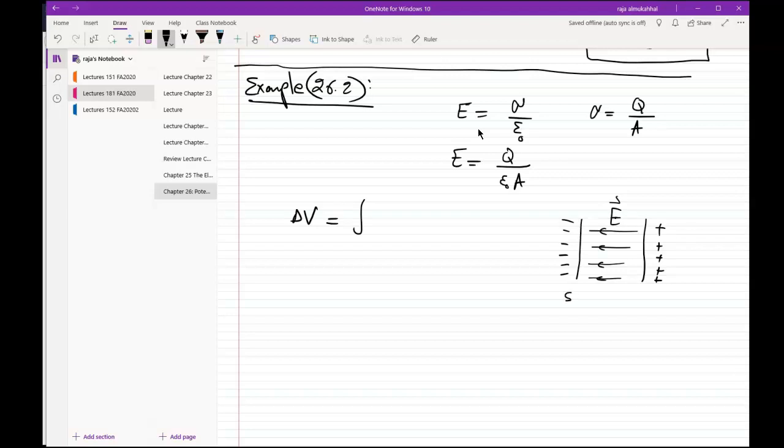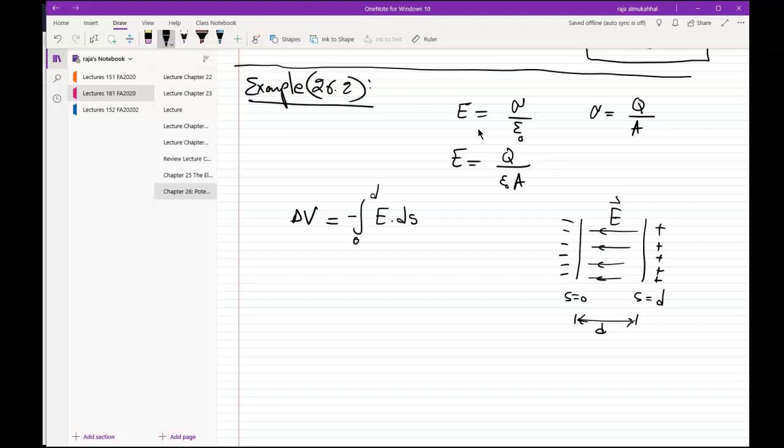Let's say this is s equals 0, and this is s equals d. Remember, the separation distance between them is d. So in this case, I'm going to have minus the integral from 0 to d of E dot ds. Is that okay so far?